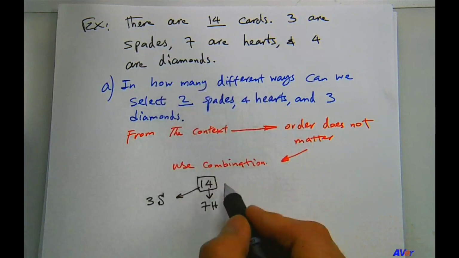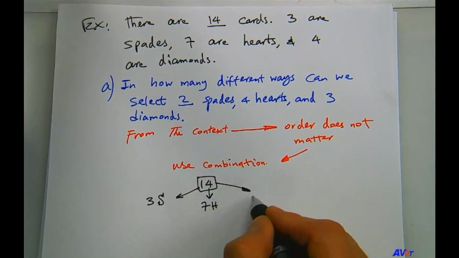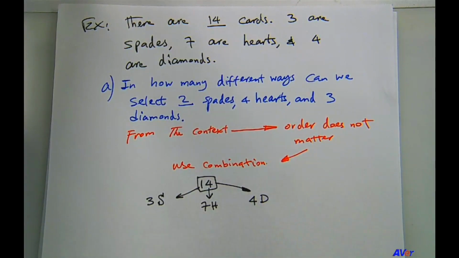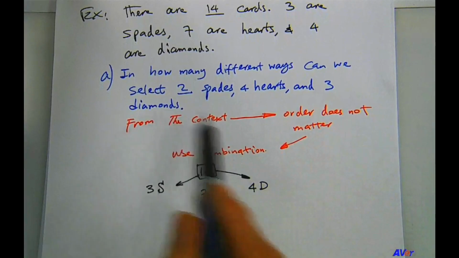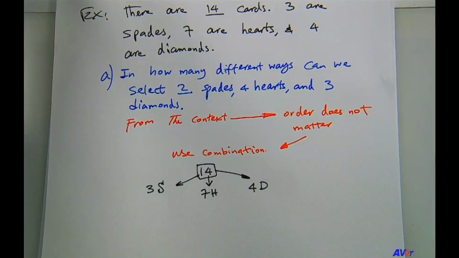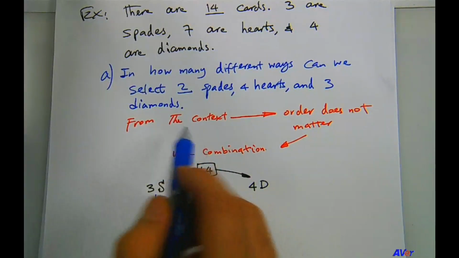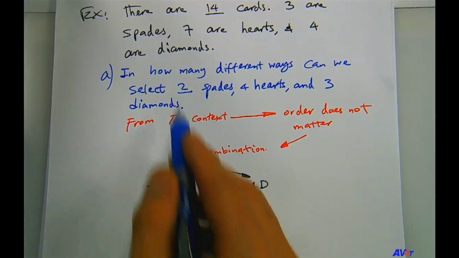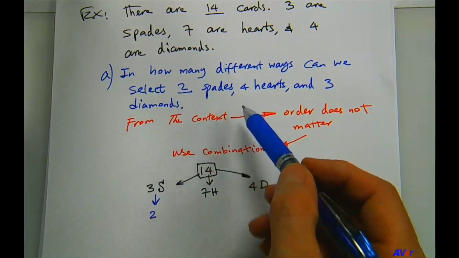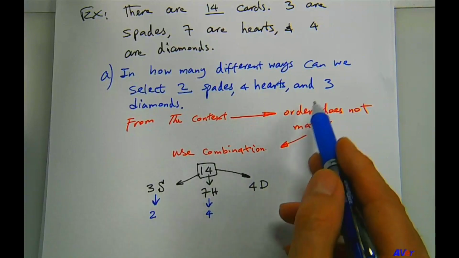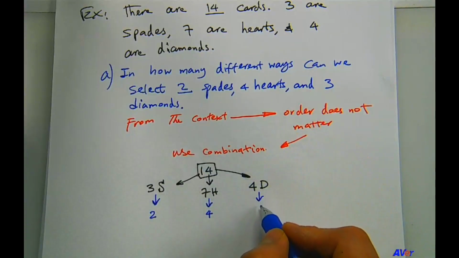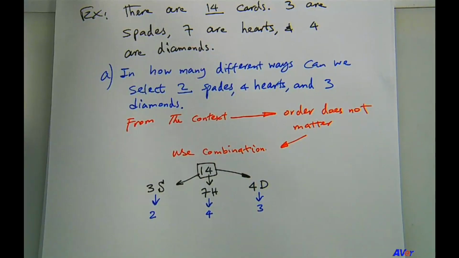And 4 are diamonds. All right, that's the total, 14. In how many different ways can we select 2 spades, 4 hearts and 3 diamonds? So that would be 2 from the spades group, 4 from the hearts group and 3 from the diamonds group.